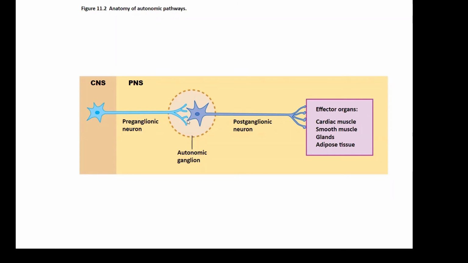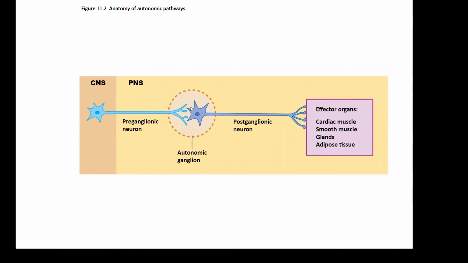The reason we use a different word here is that we're not referring to just the connection between one nerve and the next nerve. A ganglion specifically is somewhere you find cell bodies. So when we say this is an autonomic ganglion, we're referring to the fact that the postganglionic neurons' cell bodies can be found in these sites.